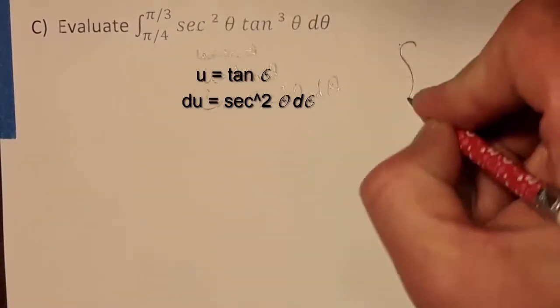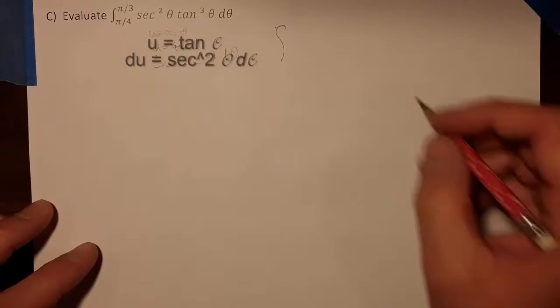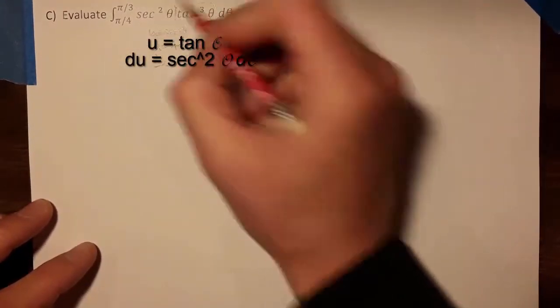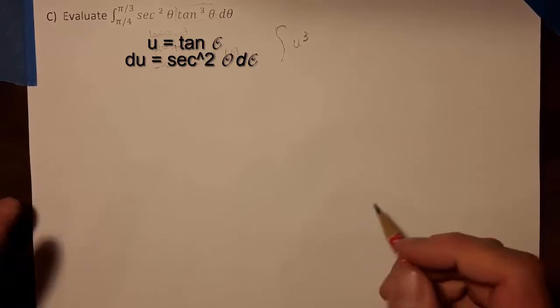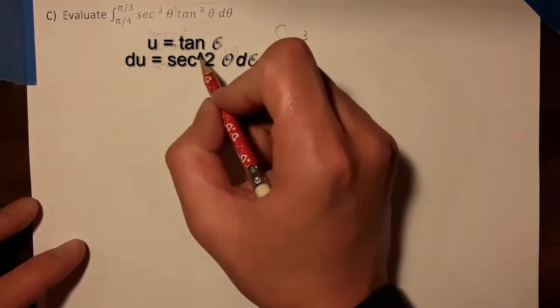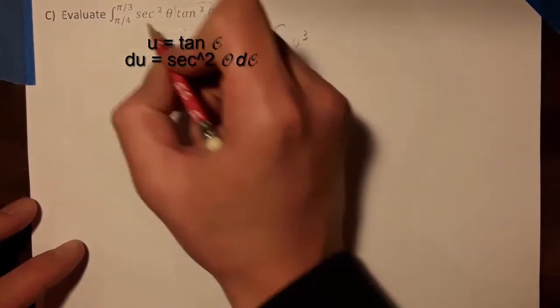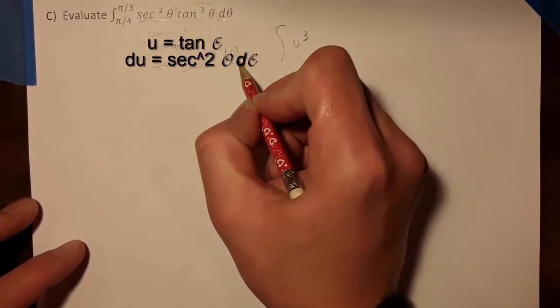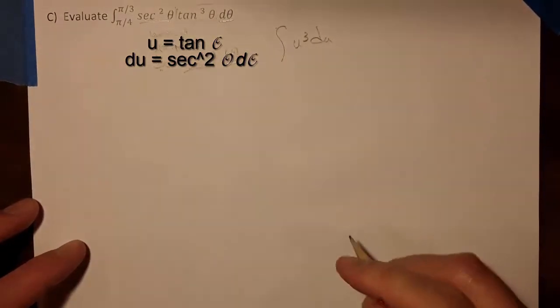So if I'm going to rewrite this integral, I'm going to call it u cubed, and that'll knock out this. I don't even need to put anything outside. I don't need to mess around with the constant because my du is literally the rest of the integral, secant squared d theta. So I can just straight up call that du.